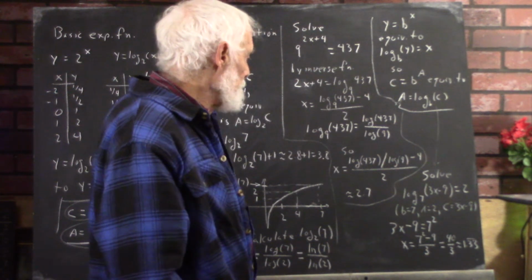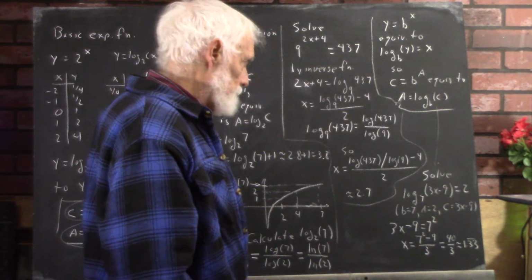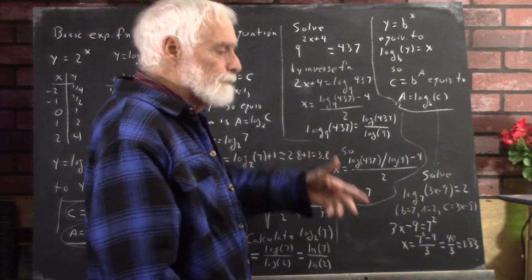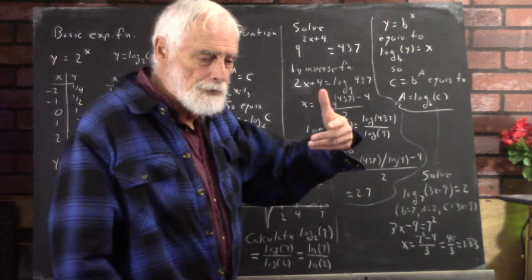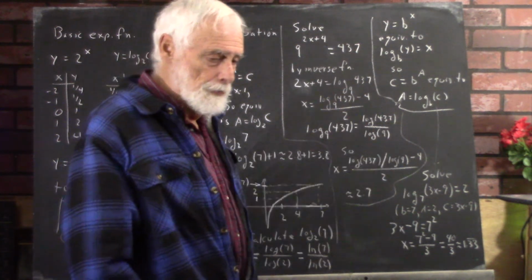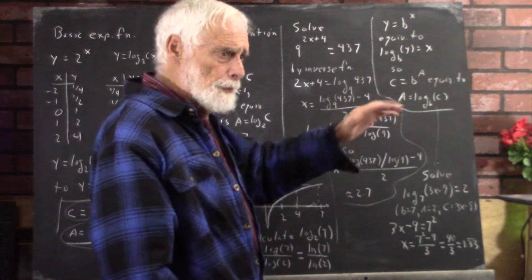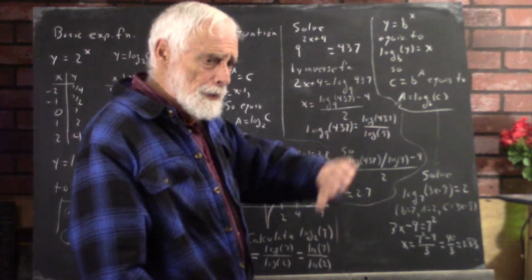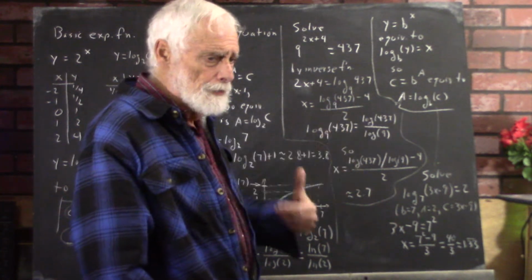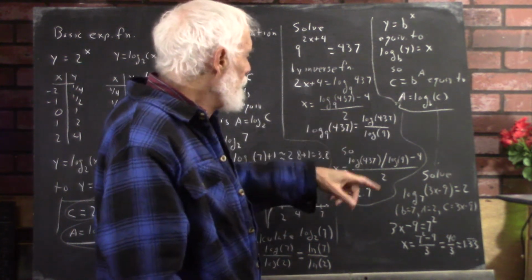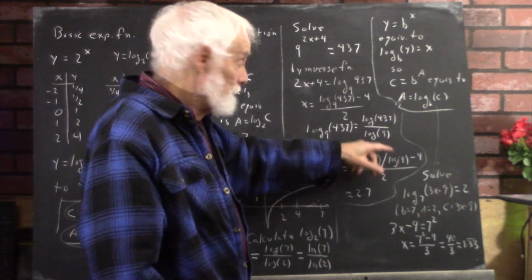Now I actually estimated that. You know, 9 to the second power is 81, 9 to the third power is 729. 437 is roughly halfway between, but the logarithmic function humps up like this, so the log is going to be a little more than halfway between 2 and 3.